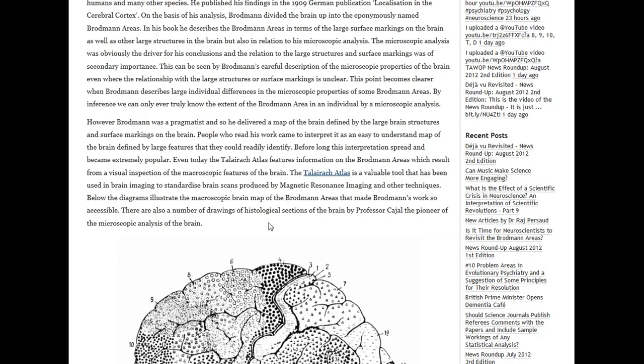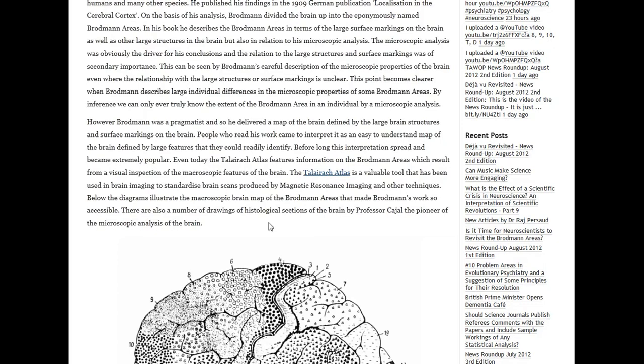So he did a microscopic analysis of the brain, and he communicated his findings in relation to these large surface markings on the brain, so that other people could easily identify them. What happened over time is that people skipped the microscopic analysis and just honed in on the surface landmarks.